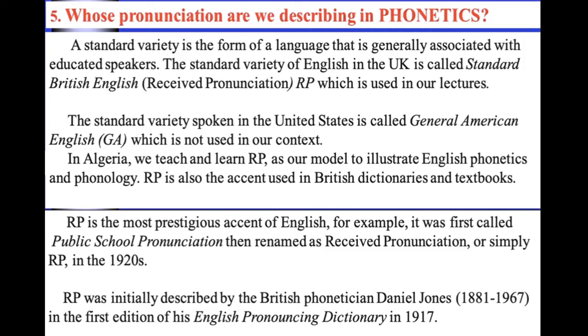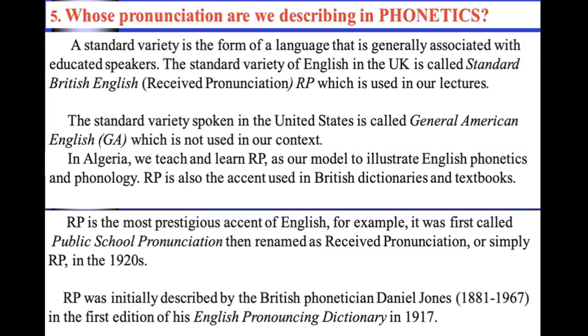RP is also the accent used in British dictionaries and textbooks. RP is the most prestigious accent of English. For example, it was first called Public School Pronunciation, then renamed as Received Pronunciation, or simply RP, in the 1920s.